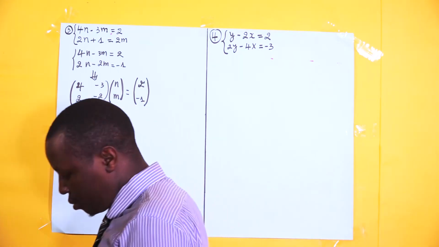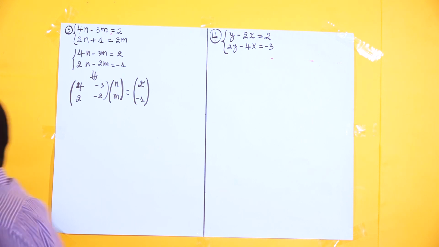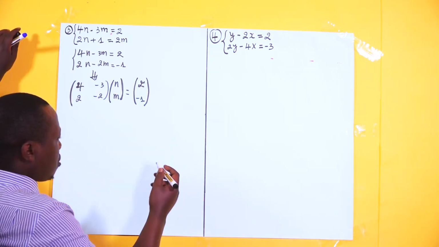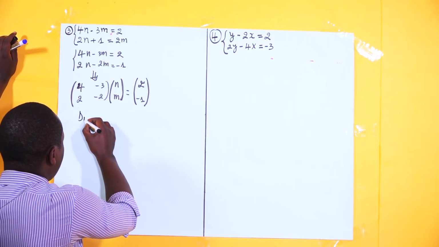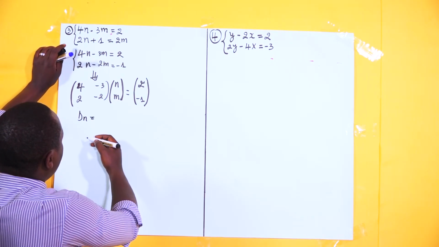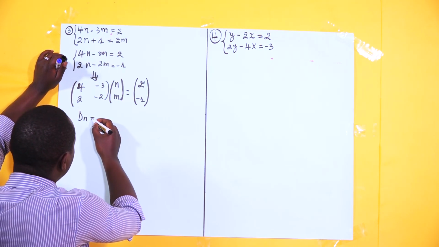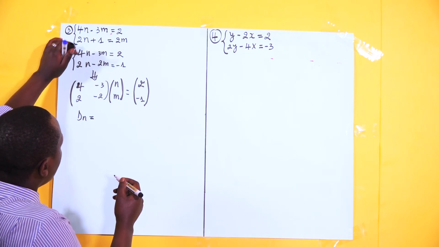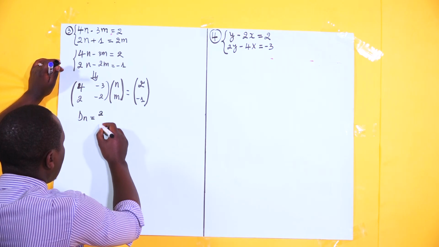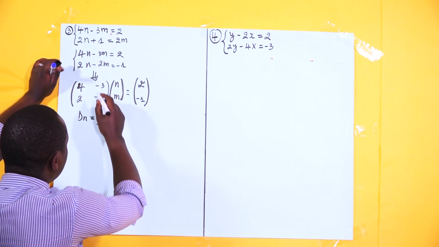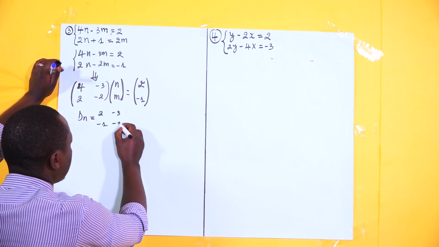As we did in the above question, remember we first find the determinant. Determinant of what? Here it is the determinant of n. How can we find the determinant of n? We take the coefficients for n and substitute them by these ones. So it is 2, negative 1, and then here negative 3 and negative 2.